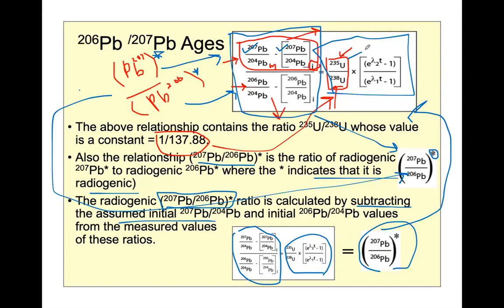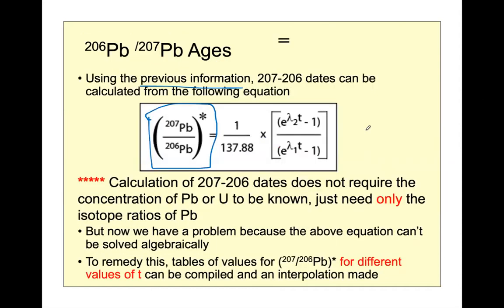Instead of this value, we can put 1 over 137.88, and then you can put this term there. So you are getting this equation from that, right? This is more simplified than the previous one. So just for our convenience, we can use this equation in this uranium lead systematic.